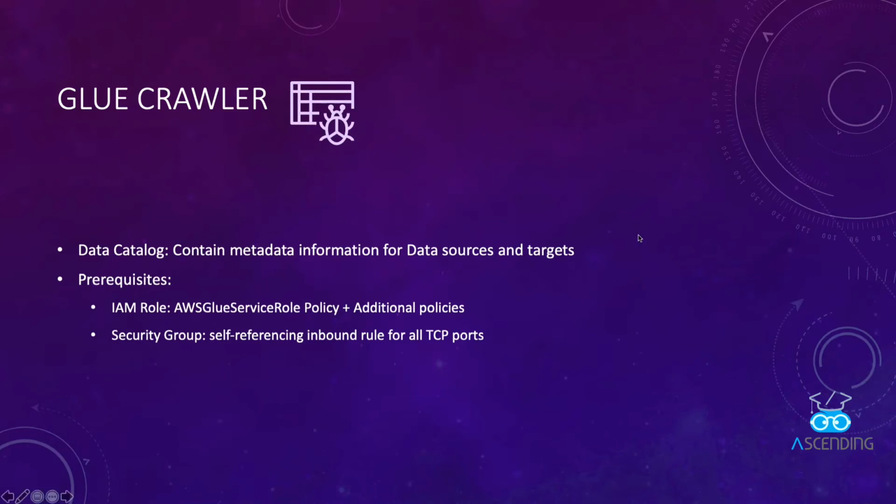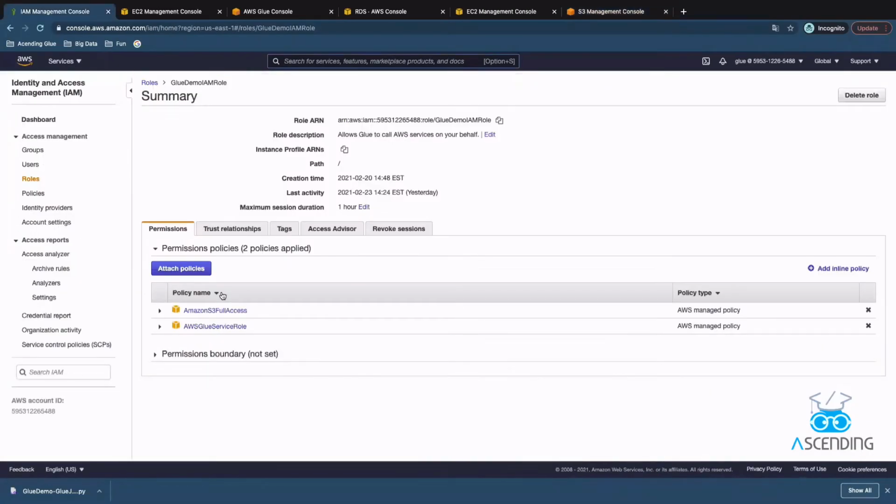There are several prerequisites to be set up. First, we need to create an IAM role, which is mainly based on the AWS Glue service role policy, and you may need to add other policies depending on what services your crawler is targeting. For example, if your crawler's target data store is DynamoDB, then besides the policy of AWS Glue service role, you should have at least one policy to allow you to access the target DynamoDB.